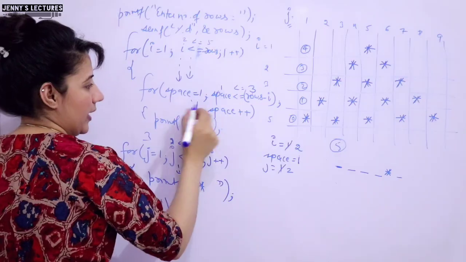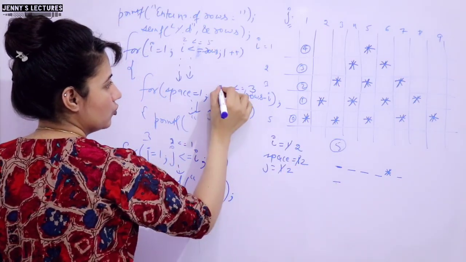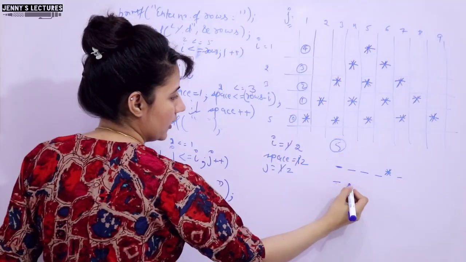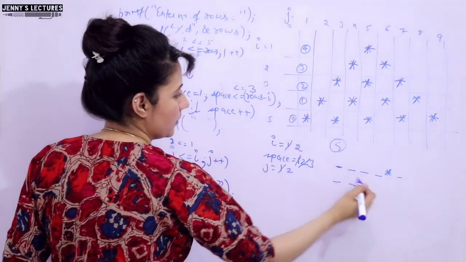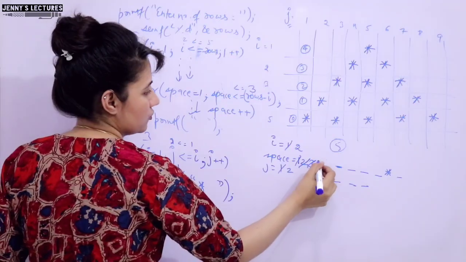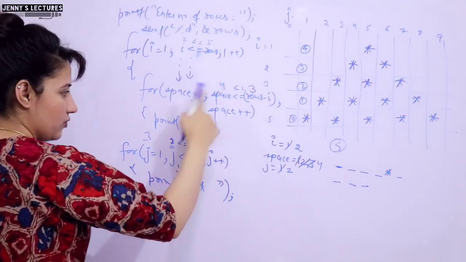Condition true, enter here, print space. Space plus plus, 2. 2 less than equal to 3, yes, condition true, again print space. 3. 3 less than equal to 3, again print space. Now space is 4. 4 less than equal to 3, no. We are not printing space, exit from this loop.